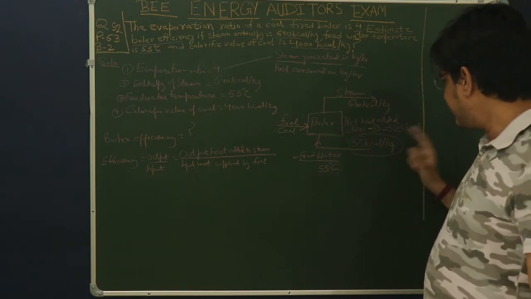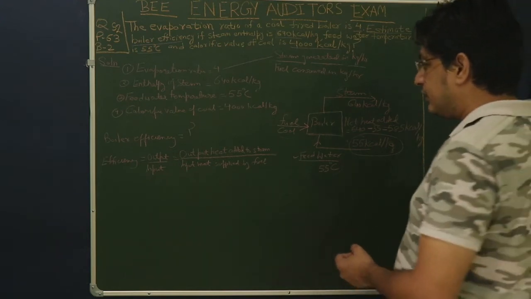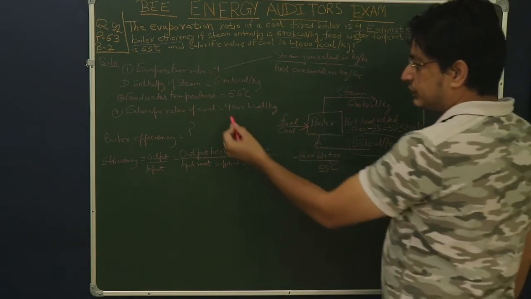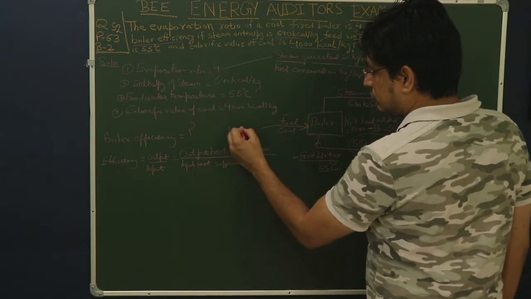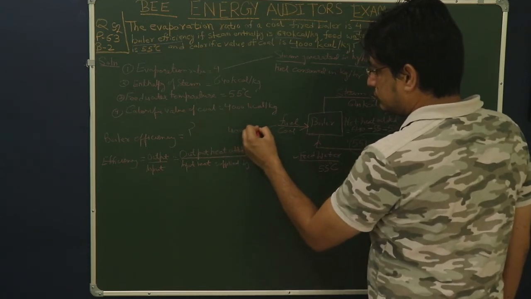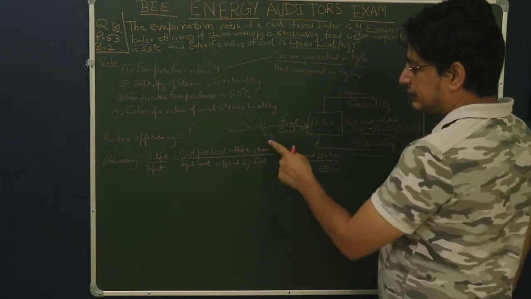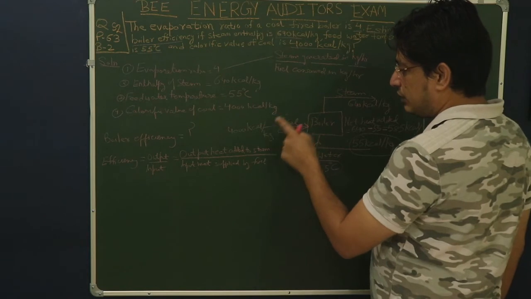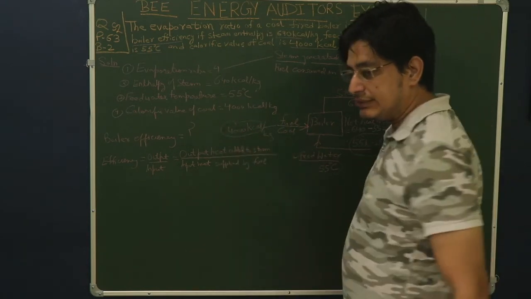So you can see it very clearly now that the heat energy added to the feed water in the boiler is 585 kilocalorie per kg, and it is given in the question that the calorific value of fuel is 4000 kcal per kg. This means by the combustion of 1 kg of fuel or 1 kg of coal, 4000 kilocalorie is getting produced.